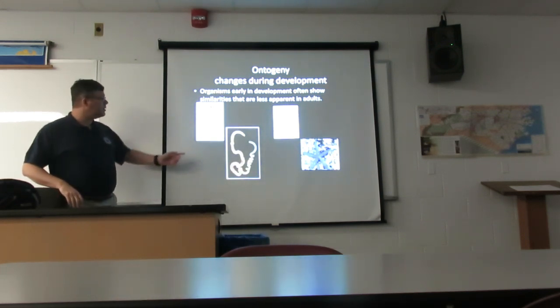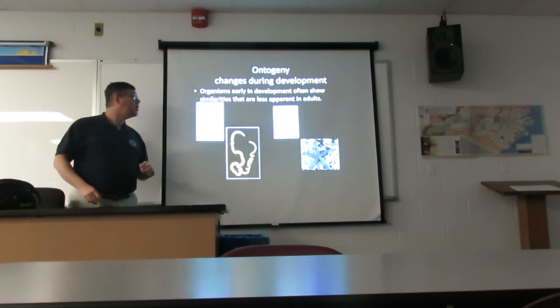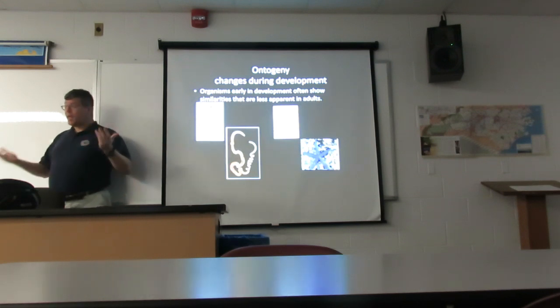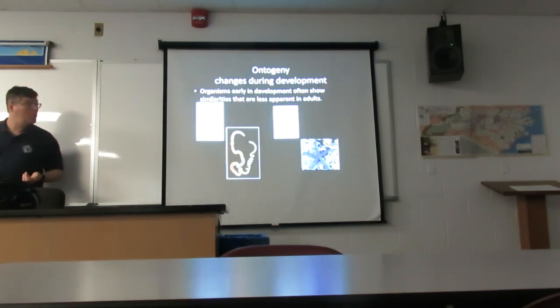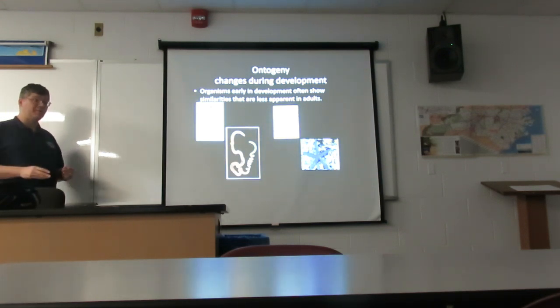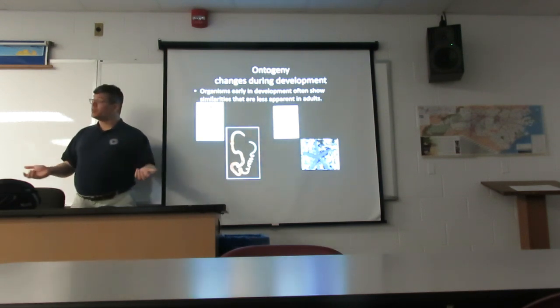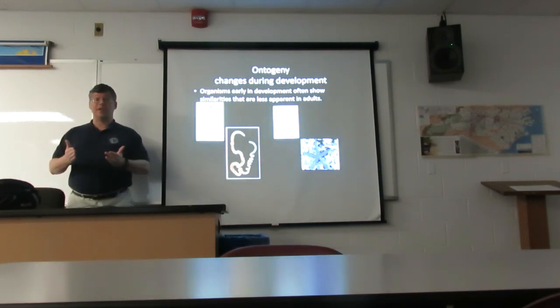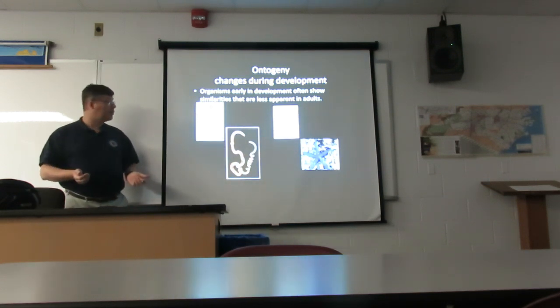Some things, such as these, have rather more drastic differences between a larval stage and the adult. And when we look at ontogeny, we see a couple things. One, early in development, different types of organisms often look more similar than the adults do. And so it's hinting a bit at a relationship not as obvious in the adult.